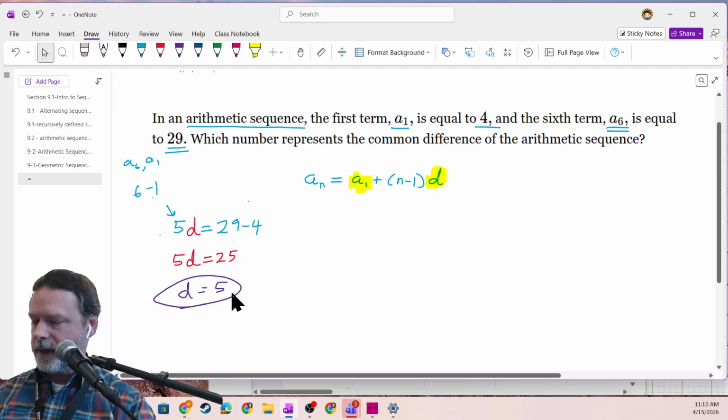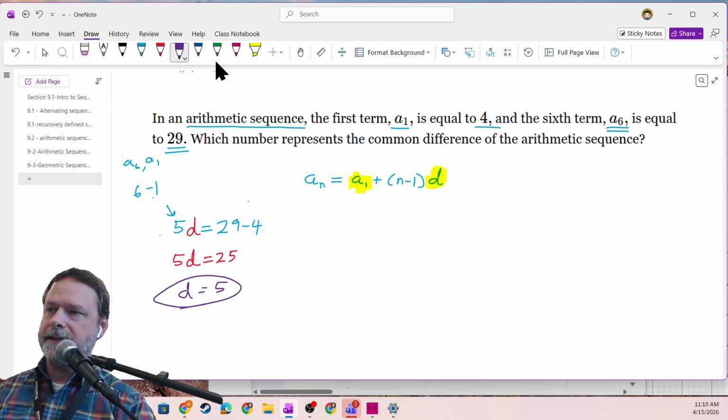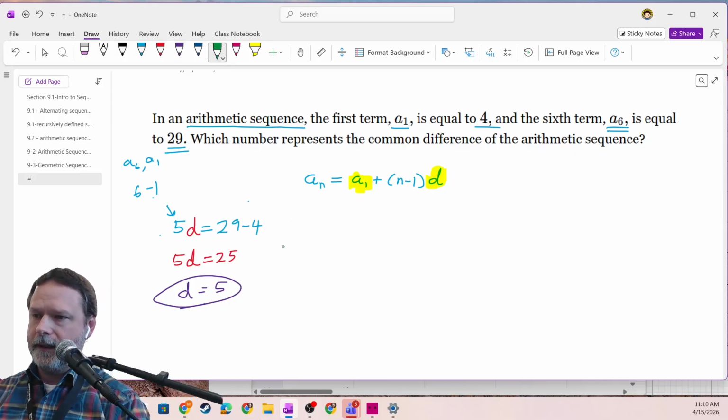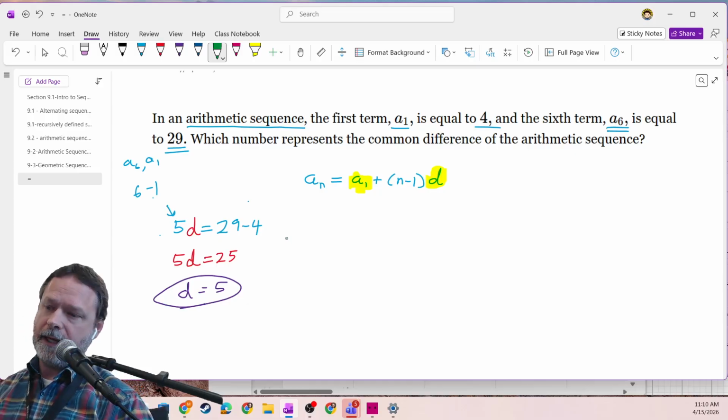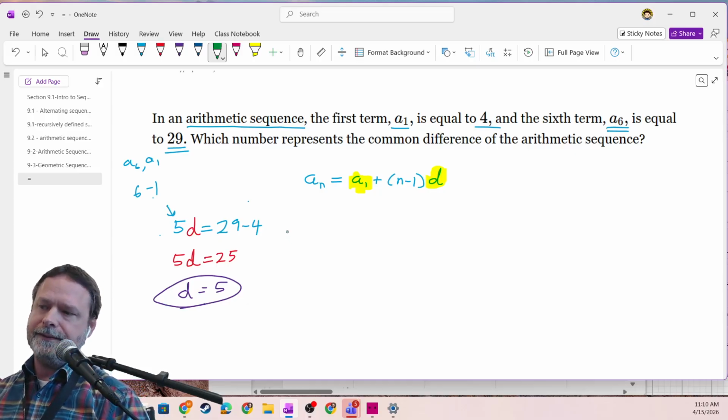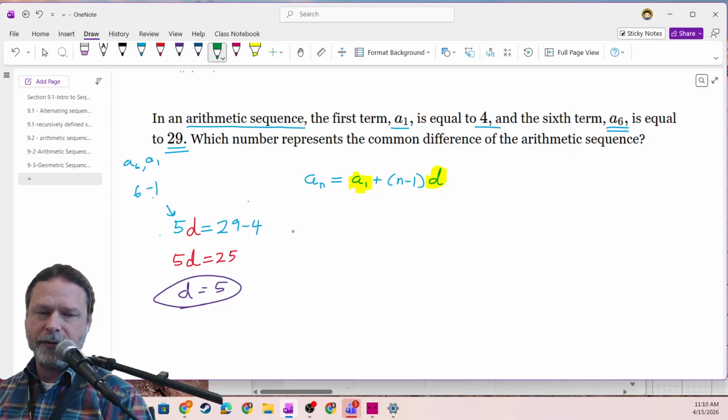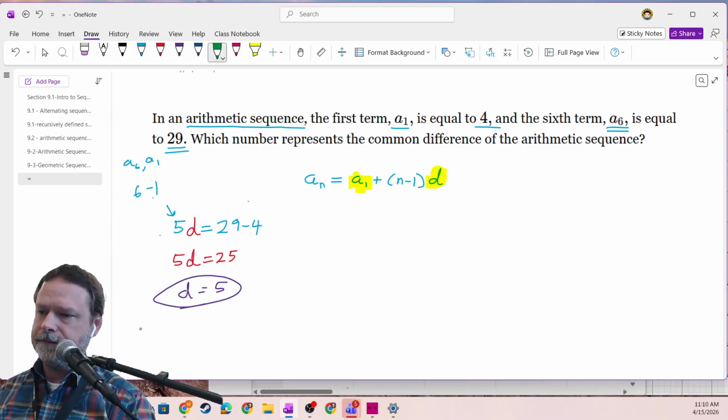So that's one way to do it. I'm going to show you guys another way here too. That's a very intuitive way, which I think works great. If you like intuition, do intuition. That's the way I did this when I learned how to do these. I just like, well, there's 5 terms difference there. I'm adding something 5 times. Let's do a quick little equation and solve it. Piece of cake, right?